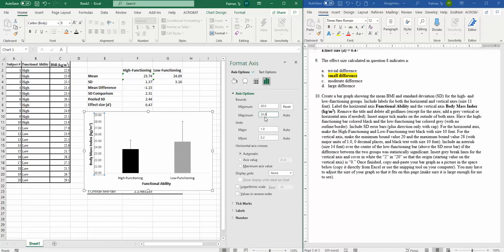29. However, for your graph, for your assignment, again, these guidelines here in question 10 are for your assignment. Make sure and follow these instructions exactly the way they are, because these are specifically for your assignment 5, for your data. So again, remember, one of the things that I grade you on for your assignments is how well you can follow instructions.